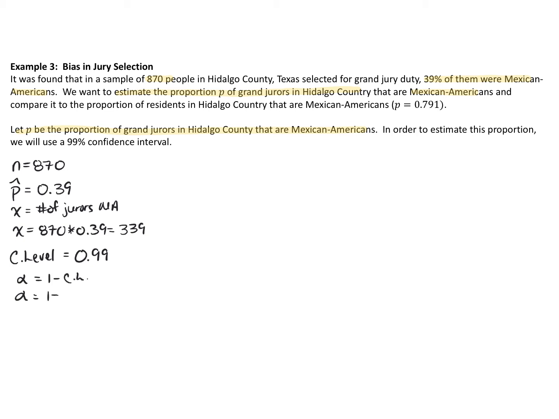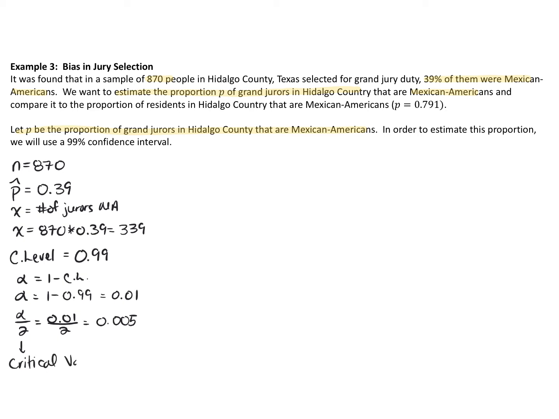So alpha is 1 minus 0.99, which gives us 0.01. Then take alpha and divide it by 2. That's the red shaded region in the tail area of the standard normal distribution. So 0.01 divided by 2 gives me 0.005. That's going to help me find my critical value.